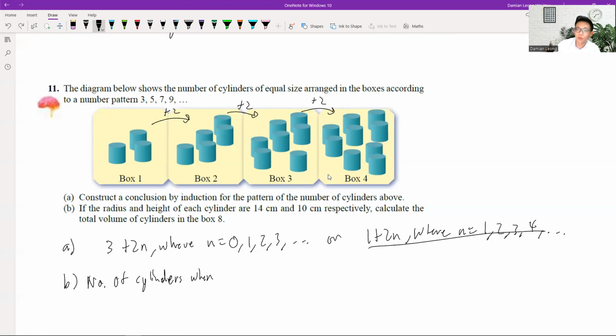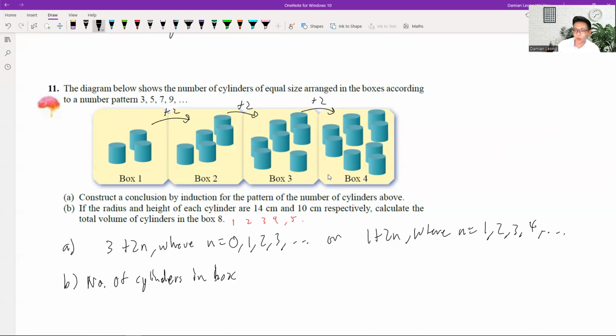But if I use this one, then n is not 8, because the first one is a 0, which means it's 1, 2, 3, 4, 5 like that. So box 8 is when n is 7.